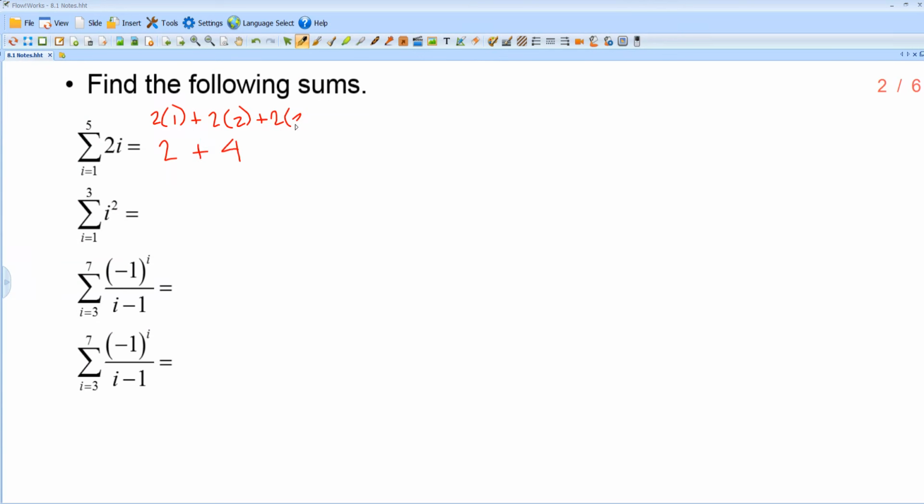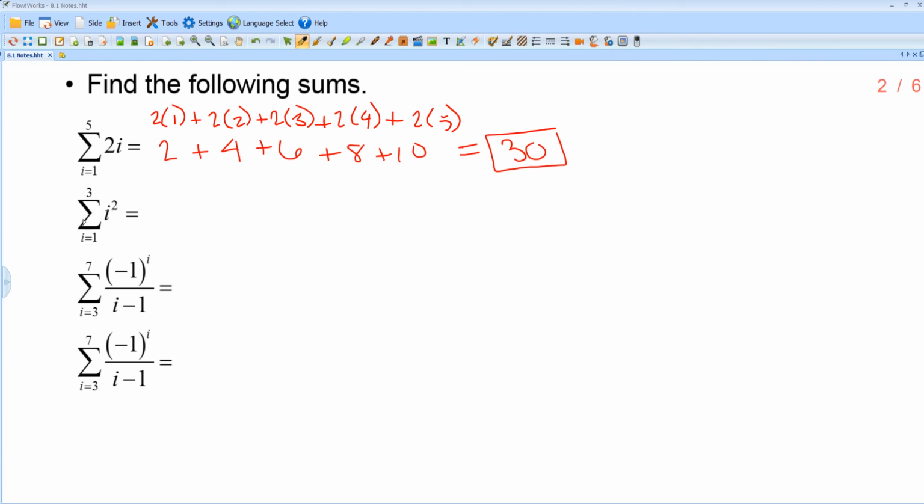Plus 2 times i being 3. That's 6. Plus 2 times i being 4, and i being 5. 8 and 10. I'm stopping at i being 5 because that was my upper limit, which tells me when to stop taking the sum. When I add all these together, I get 30. My answer, just regular 30.